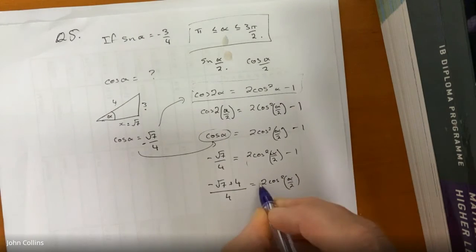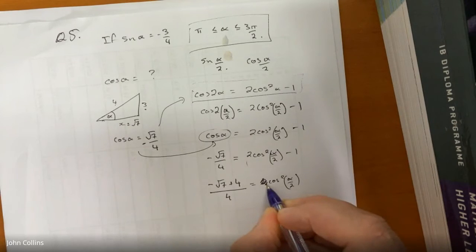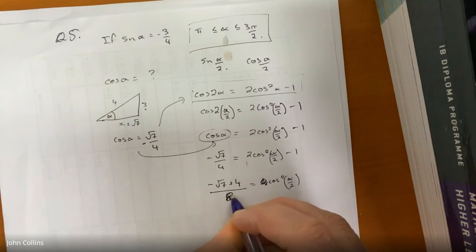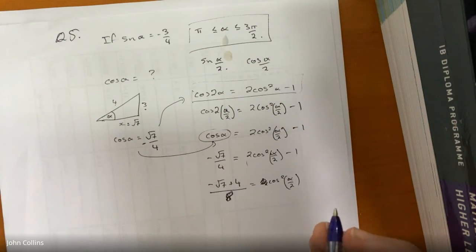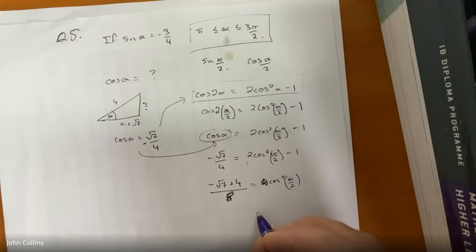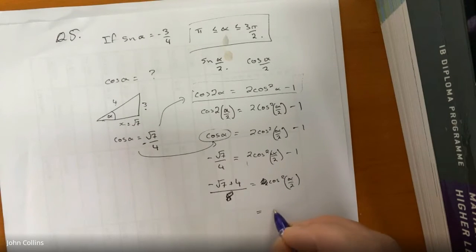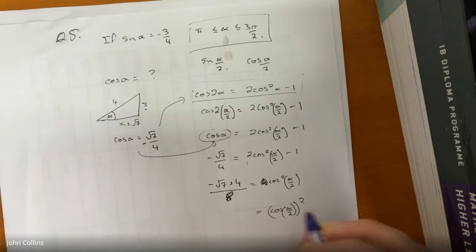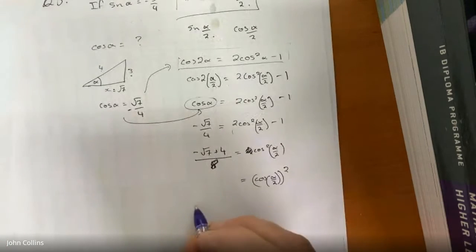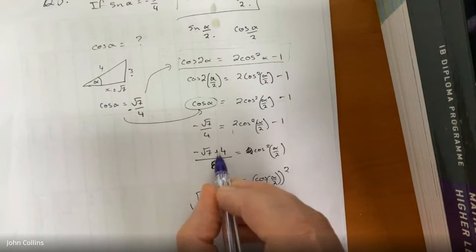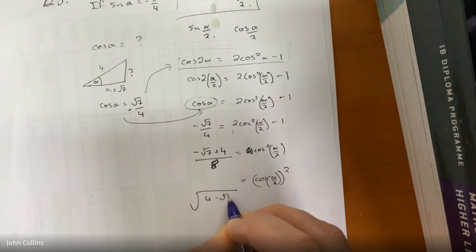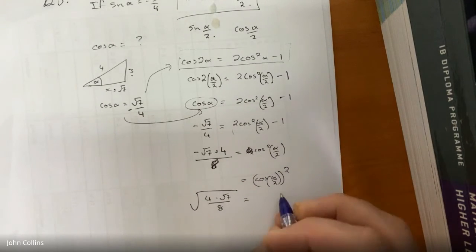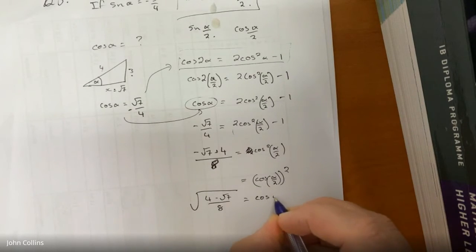Now I divide both sides by 2, which makes that an 8, I think. Correct me if I'm wrong. Cos squared alpha over 2 is cos alpha over 2 squared, so if I square root both sides, 4 minus root 7 over 8, the square root of it, is the cos of alpha over 2.